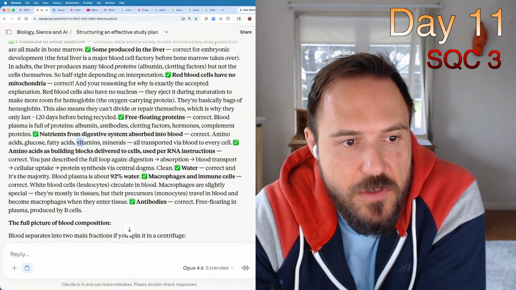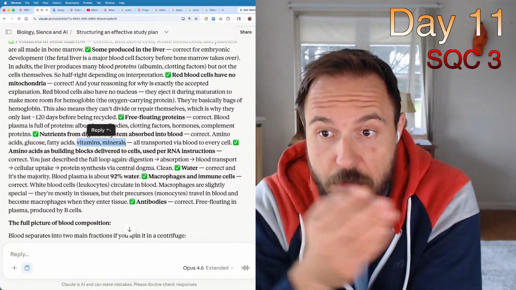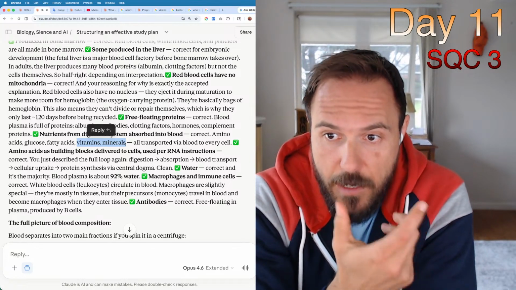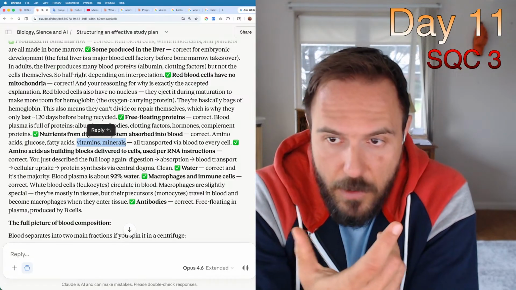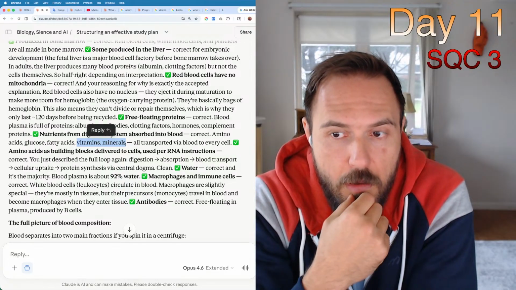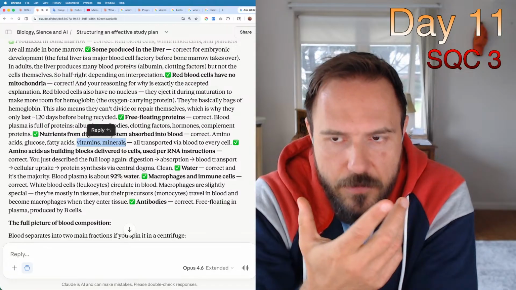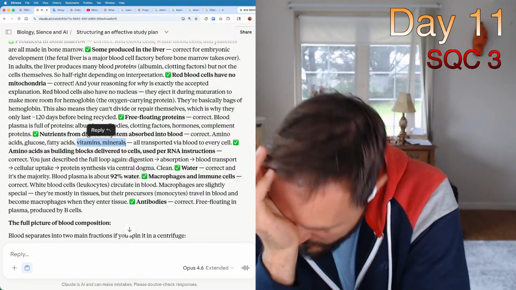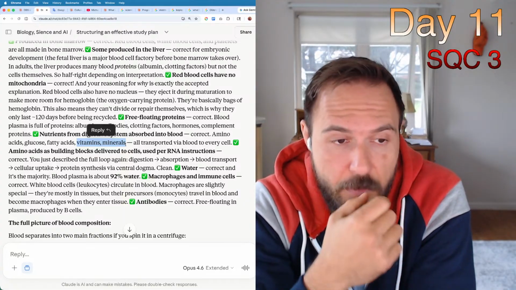By the way, what's the difference between vitamins and minerals? Minerals, I'm assuming it's just single chemical elements like potassium, right? Or ferrum, or like the iron, Fe, or maybe magnesium.